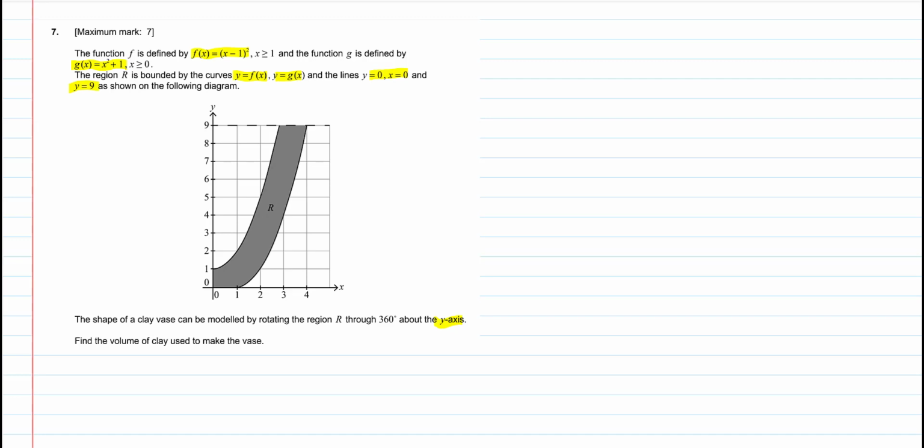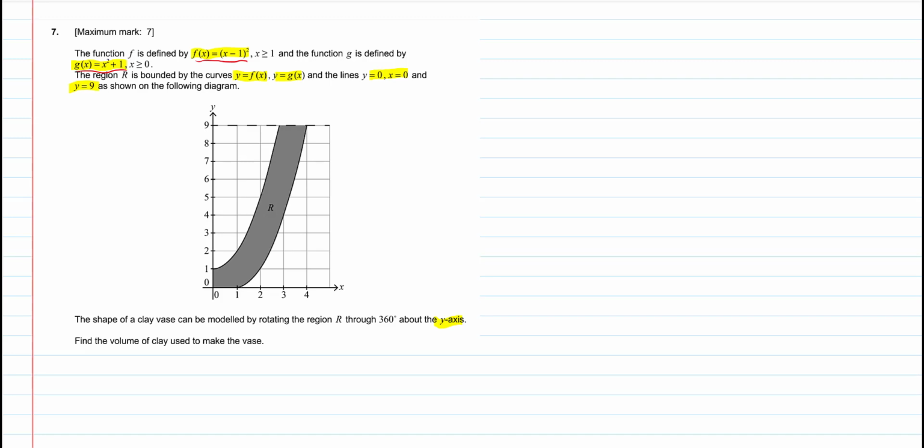So first of all, because we're rotating this about the y-axis, we'll get these functions in terms of x. So this f of x here and this g of x. We're going to make x the subject for both of these. So we'll start with the f of x first.